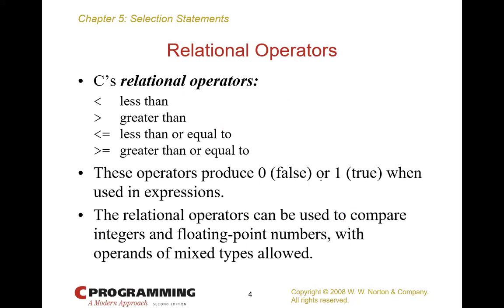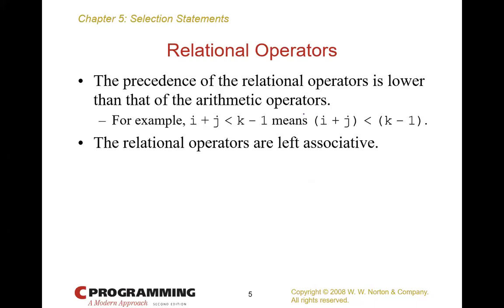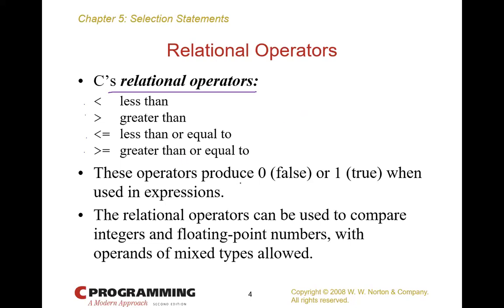These are the relational operators that we have in C: less than, greater than, less than or equal to, greater than or equal to. Okay, these operators produce 0 for false or 1 for true when they are used in an expression.